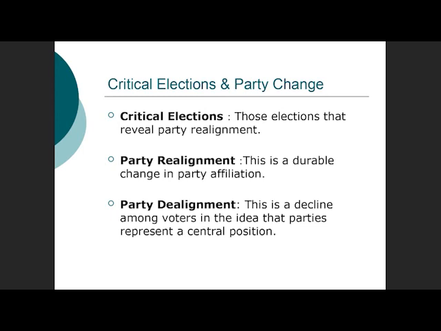Because when Trump got elected into office in 2016, right, the Republicans also controlled the House of Representatives and the Senate. So all three parts of government were Republican. Midterm election, the Democrats took over the House, 2018.